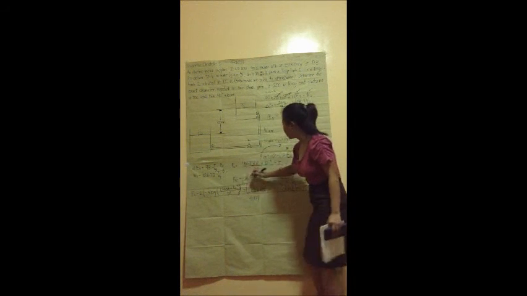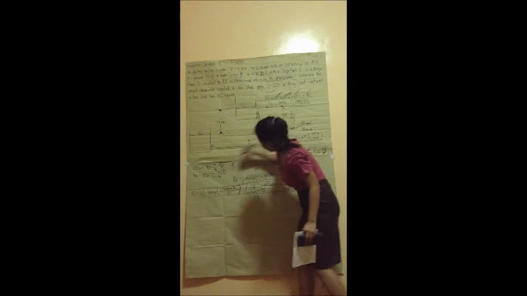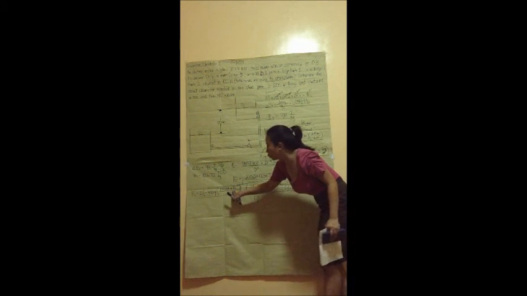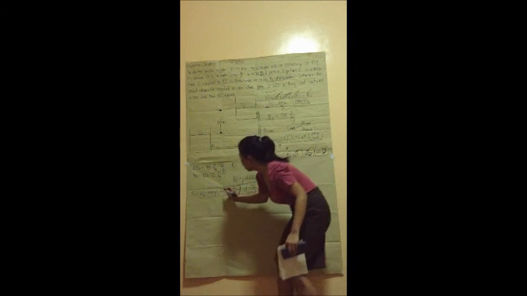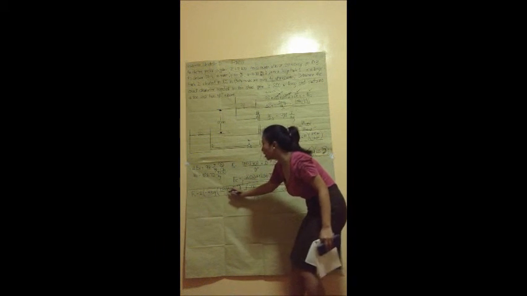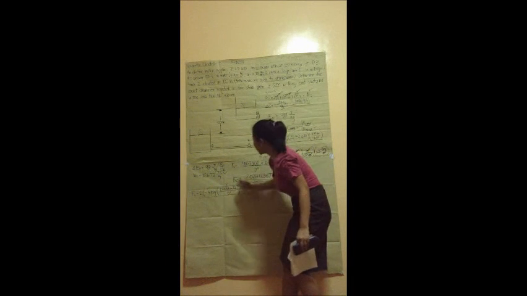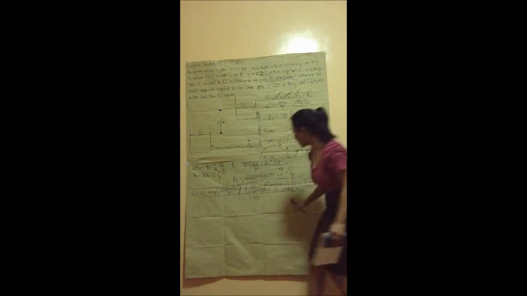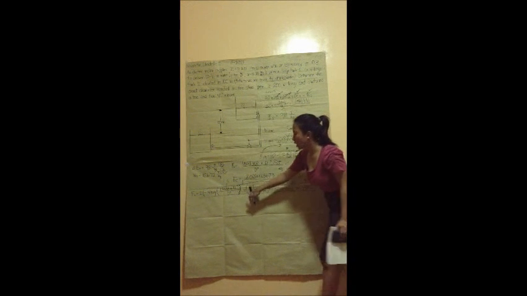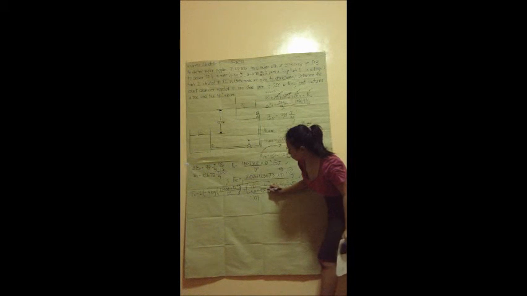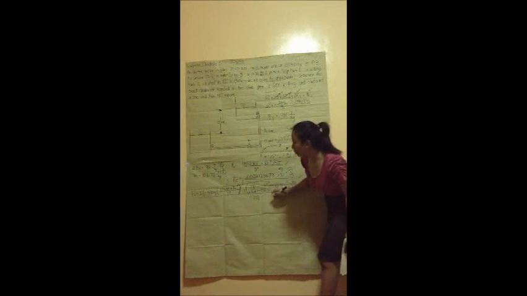So we have A, B, C, D. This is too long to be put in our calculator. So this 1.2339 times 10 to the negative 5 will be assigned as E. And the constant in the Reynolds number will be represented by F.